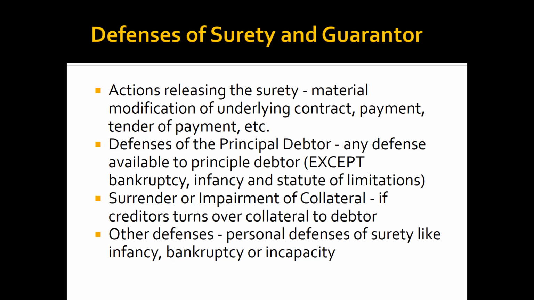All right, there are defenses of sureties and guarantees. Let's suppose I sign as a surety or guarantee, and Ben buys a practical car, a Prius. Then he says, you know, I really want a Corvette. So he goes back to the dealership and says, let's trade this in on the Corvette.